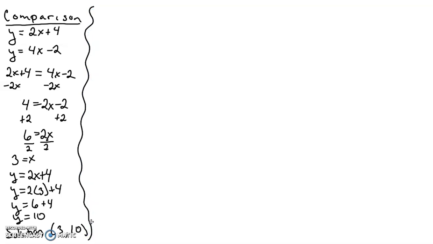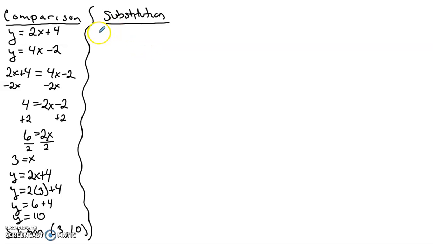We could use another method, and this other method is called substitution. This works really well if one of the functions is solved for x or for y. That is, if x is by itself on one side of the equation and everything else is on the other side, or if y is on one side of the equation and everything else is on the other side.